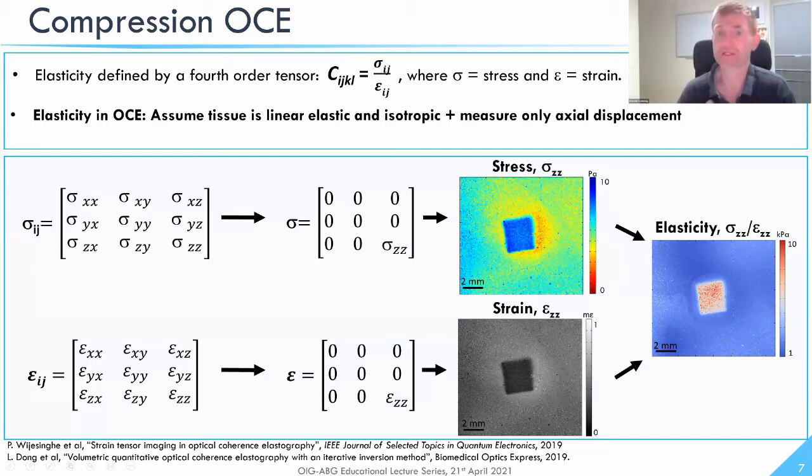So in the field of ultrasound elastography originally and MR elastography, they made a number of simplifying assumptions, namely that the tissue is linear elastic and isotropic. And in our case, we only measure the axial displacement. With those assumptions, we can reduce the tensors to single components, where we measure the axial component of stress and the axial component of strain, mapping them into images and relating them together, we get the elasticity.